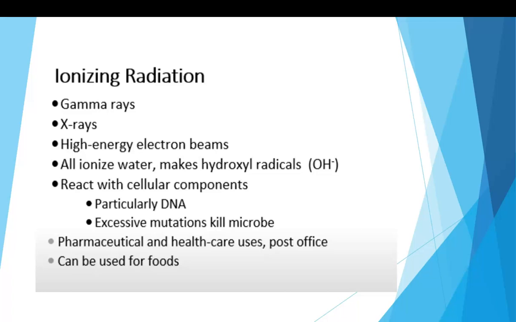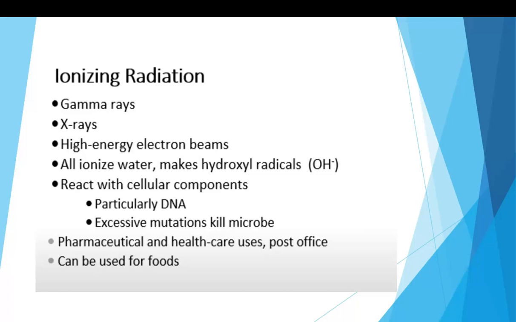This is when we use gamma rays and x-rays. They have high energy electrons, so they can penetrate inside the material and kill the microbes. It can cause damage to the DNA, and it can also cause excessive mutations.